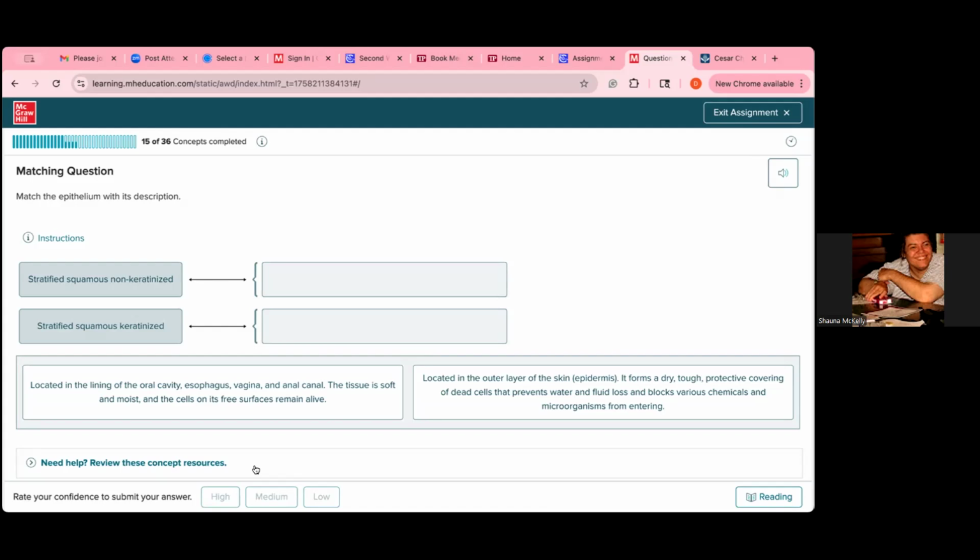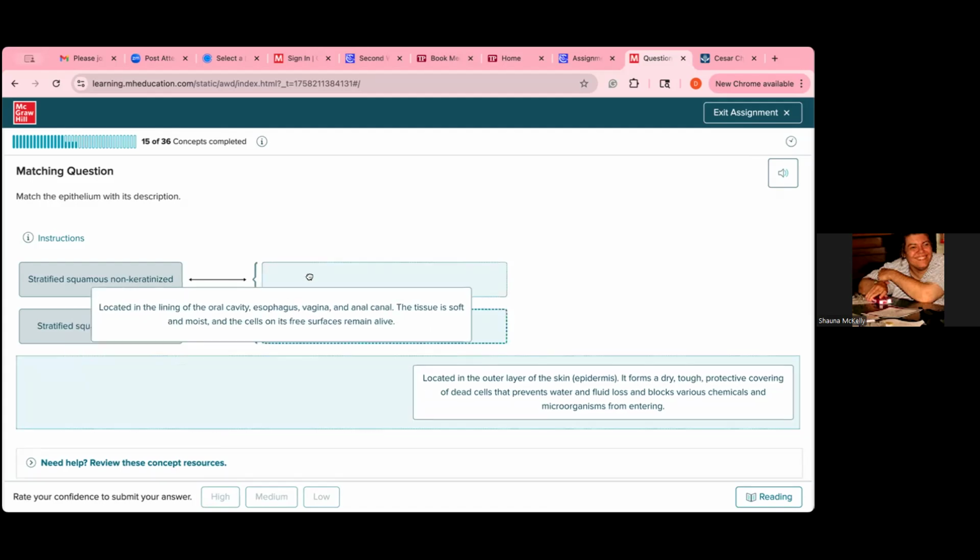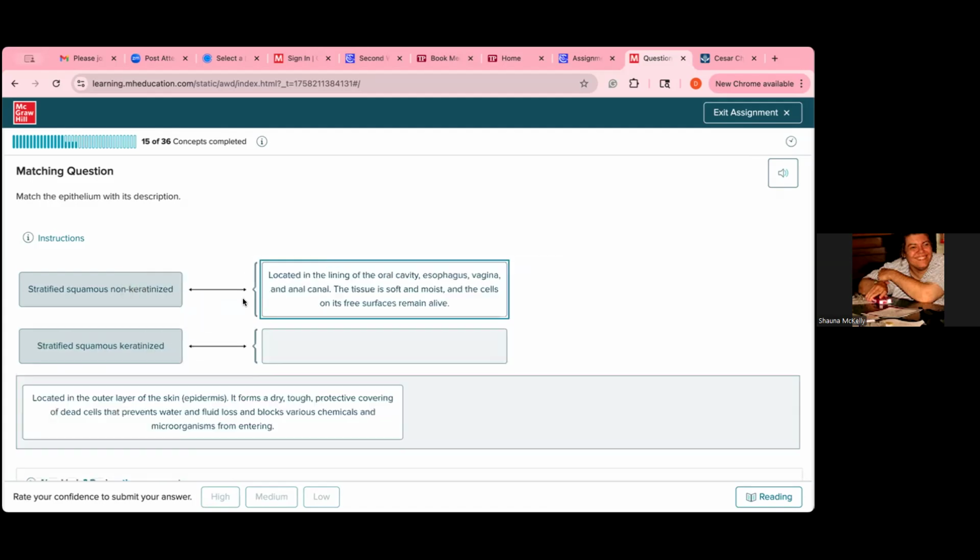That's non-keratinized. And then it says located on the outer layer of the skin, epidermis, it forms a dry, tough, protective covering of dead cells that prevents water and fluid loss and blocks various chemicals and microorganisms from entering. That's keratinized.